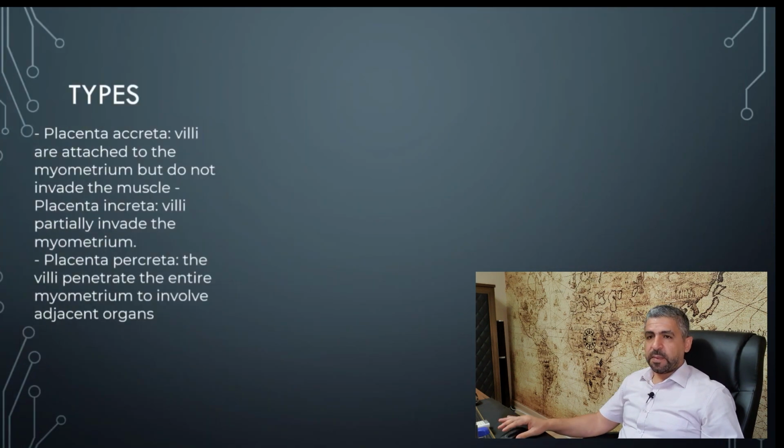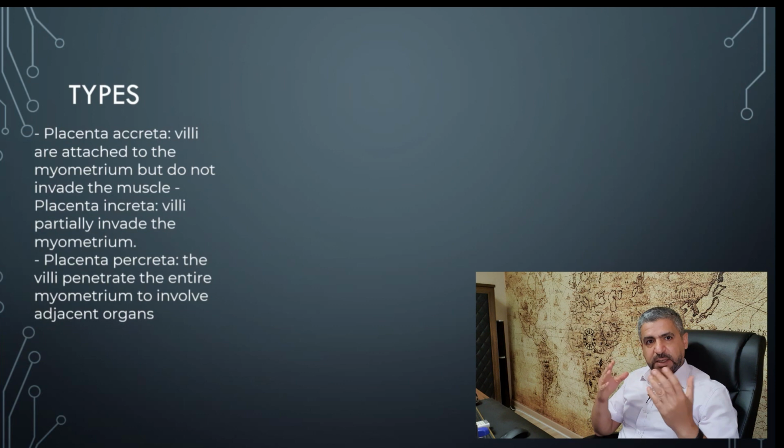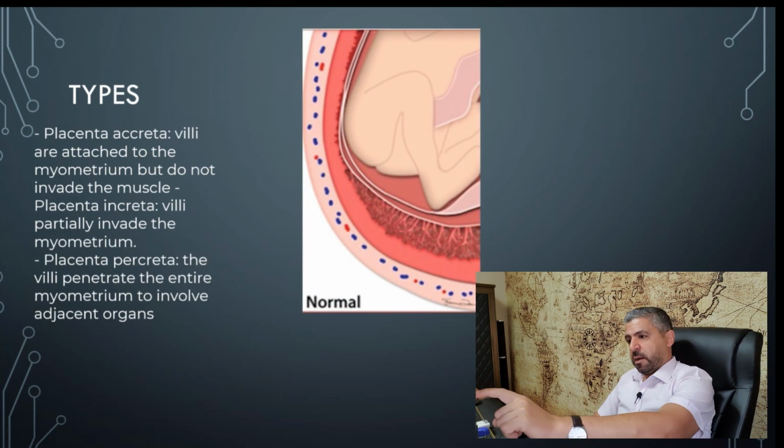Now, let's talk about the types of the placenta accreta spectrum, or the grades, let's say, of the spectrum. We have the placenta accreta, placenta increta, and the placenta percreta. First of all, normally the placental villi are just like that.